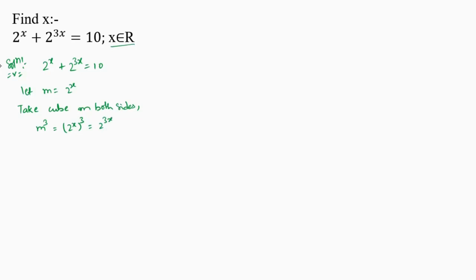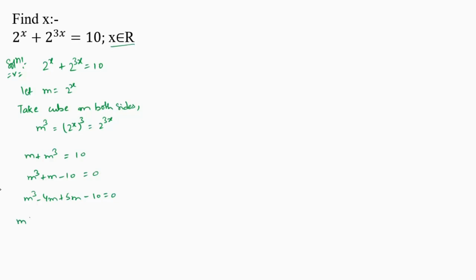Now put these values in the given equation. We get m plus m cube equals 10, which will become m cube plus m minus 10 equals 0. We can write this as m cube minus 4m plus 5m minus 10 equals 0.